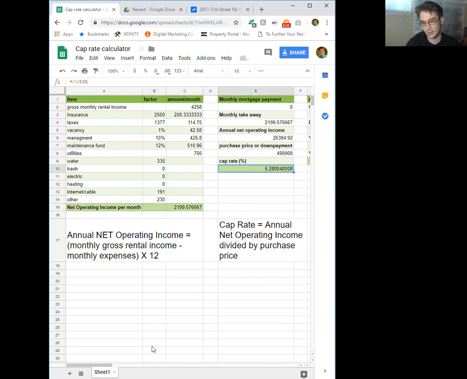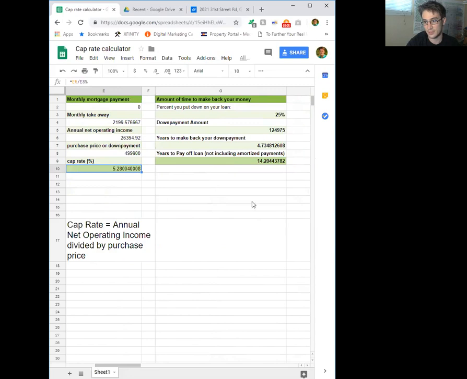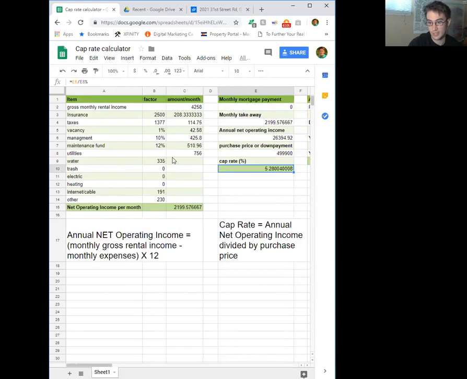It shows me a 5.2% cap rate, but I would still say this is a good investment. You'll make enough to pay back your down payment in 4.7 years and pay off the loan in 14 years if you decide to put all your income into paying off the loan.